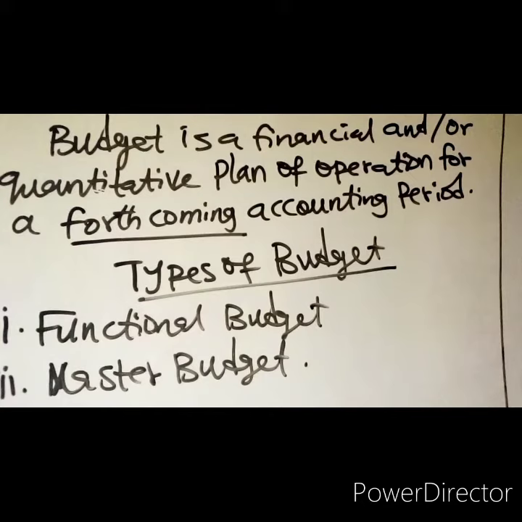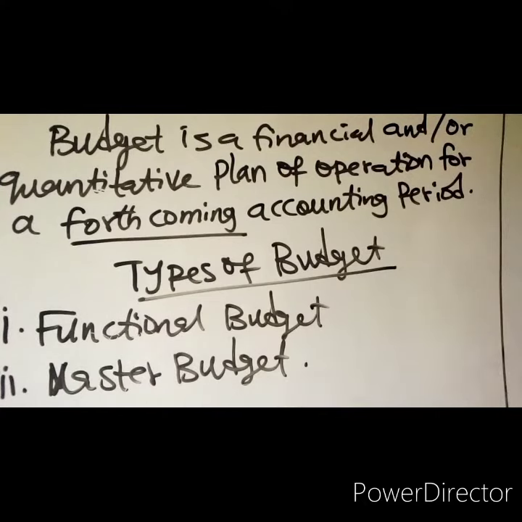There could be a treasury department, preparing the cash budget. There could be a store, responsible for the preparation of material usage and material purchase budgets, and several other departments. So the budget prepared by the head of the department is said to be the functional budget.